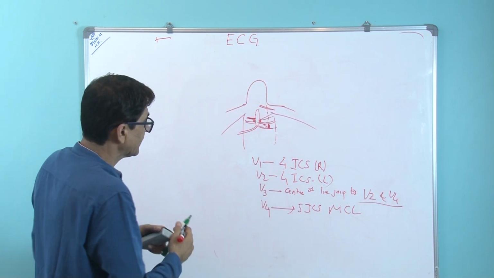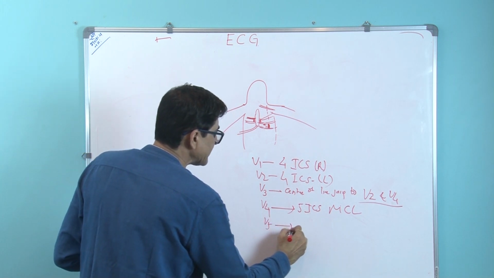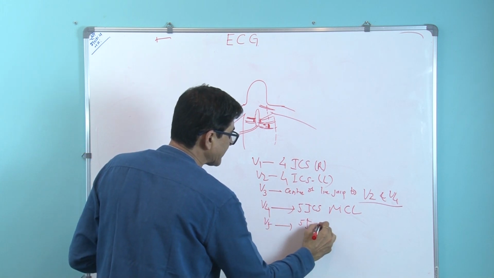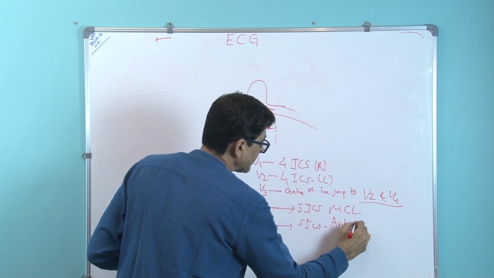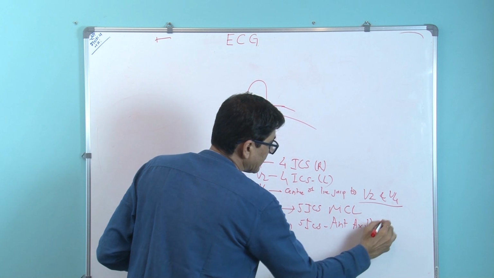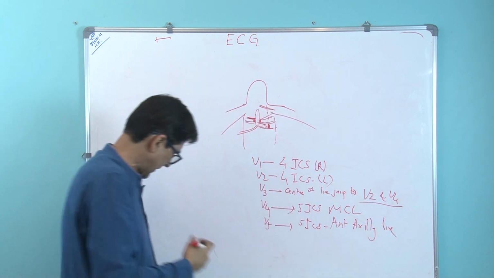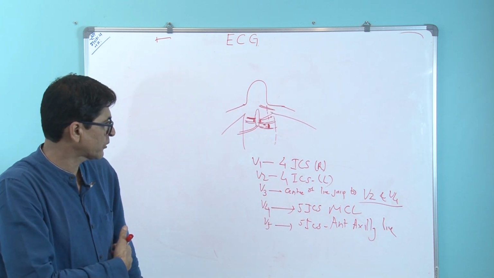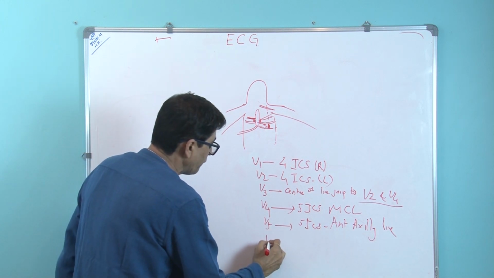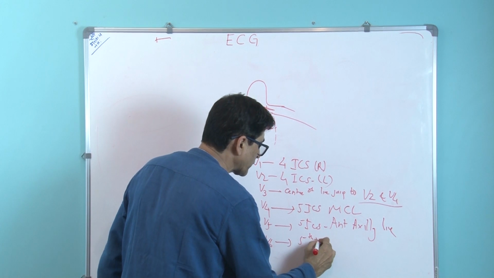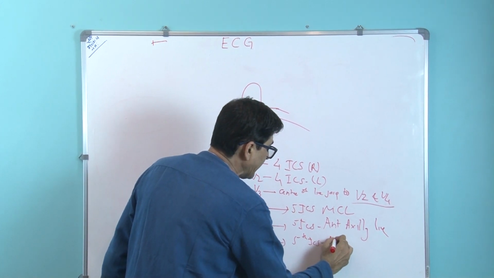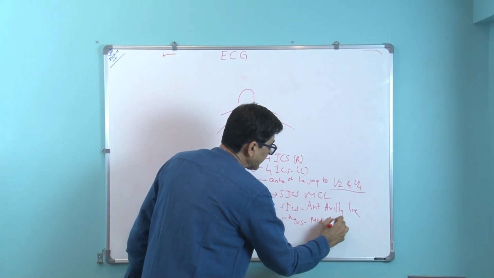This is V3. V5 is in the same 5th intercostal space but at the anterior axillary line, and V6 is in the same 5th intercostal space at the mid axillary line.